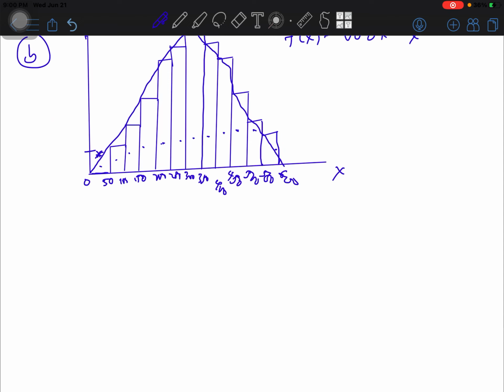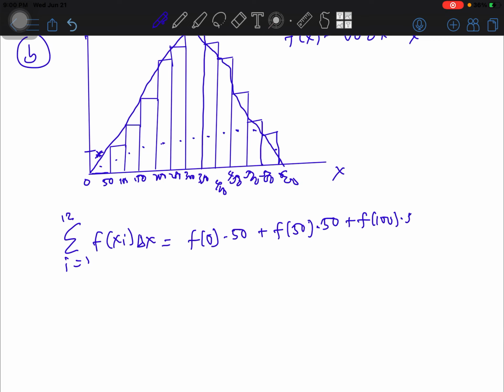So the whole approximation will be the sigma i equals 1 up to 12, f of x_i times change in x, equal to f of 0 times the interval 50, which is constant, plus f of 50 times 50 plus f of 100 times 50 up to f of 550 times 50.